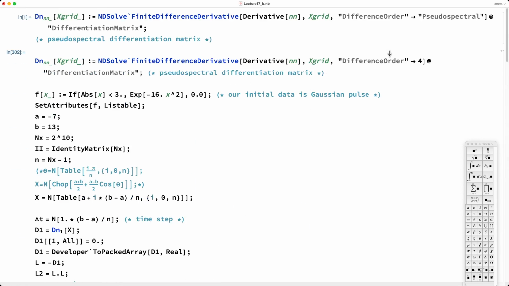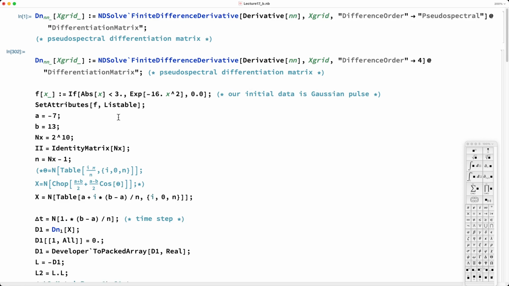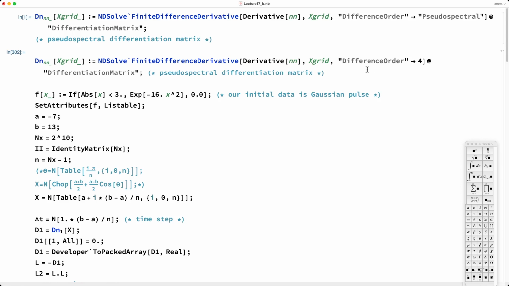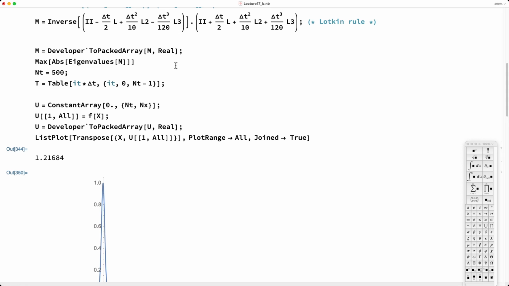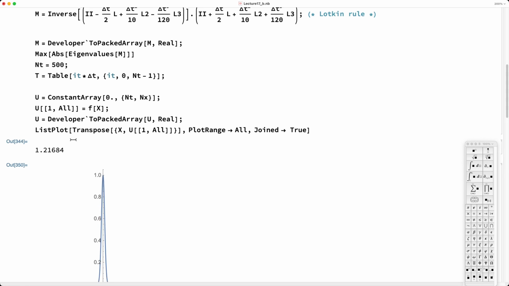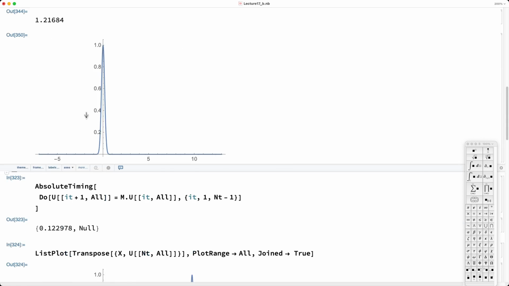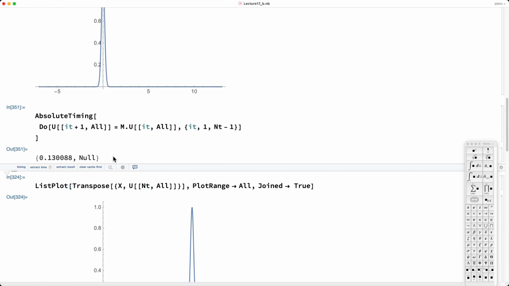So to improve accuracy, you can use more spatial grid points. So right now we're using 1,000 grid points. We can use more, or we can increase the order of the method, so we can try a 6th order finite difference scheme. Again, there's a worrisome issue here, that the eigenvalues look higher than 1.